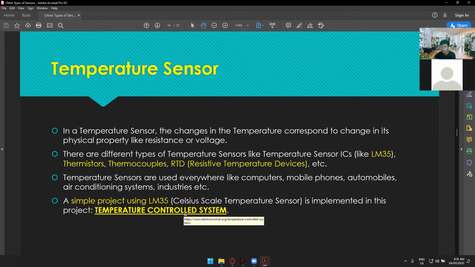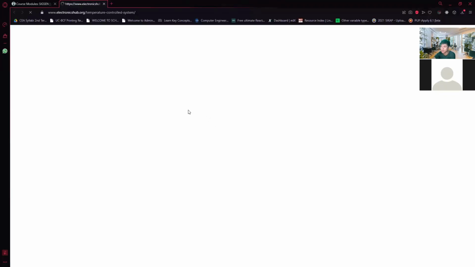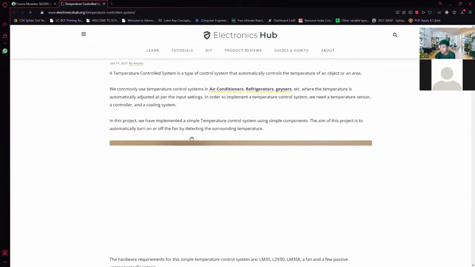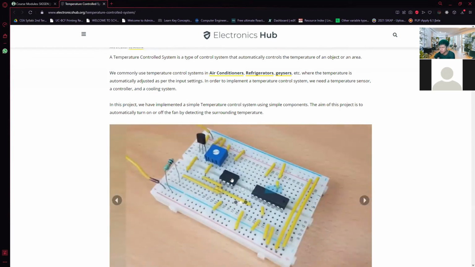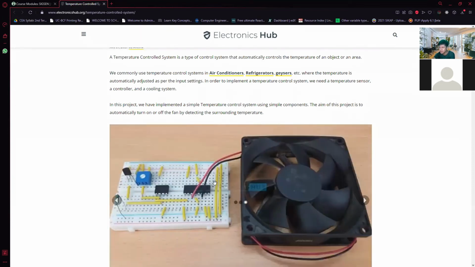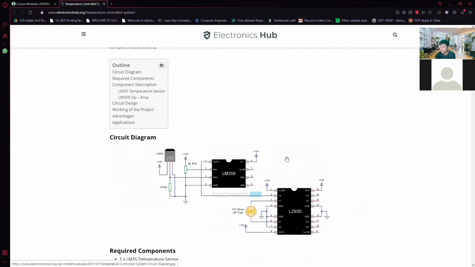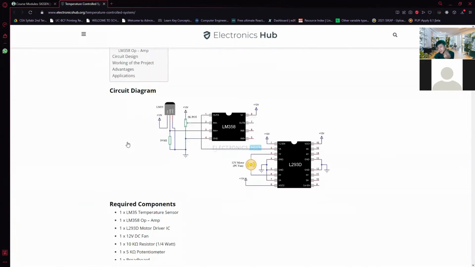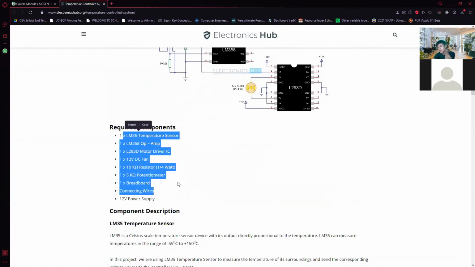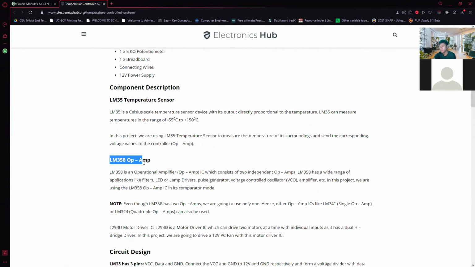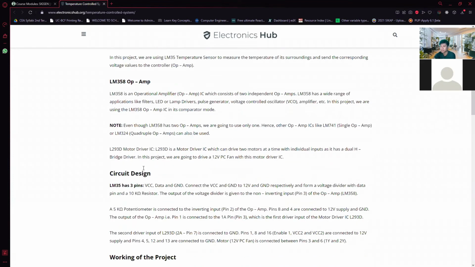So here's one project that you can check right now. Just visit this website on what a temperature controlled system is, the components that you will need, and how to build it on the breadboard. So it's almost a complete project: a 3D diagram, the components that you will use, and an explanation of each component, like what this LM35 is, and so on.